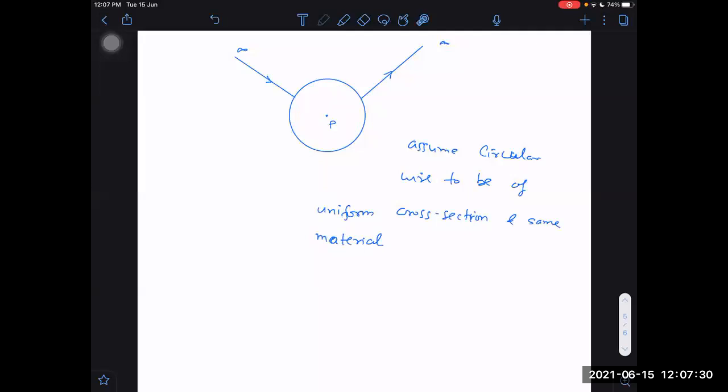I have given you the total current I, and it is going radially towards point P, but I'm not telling you how it is splitting.